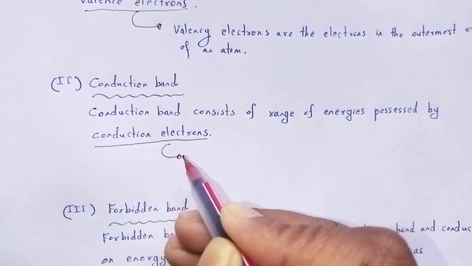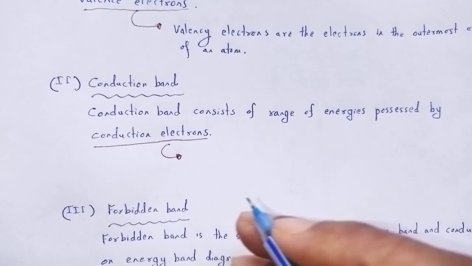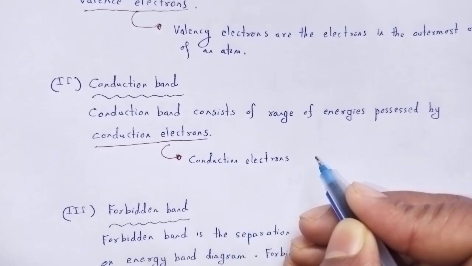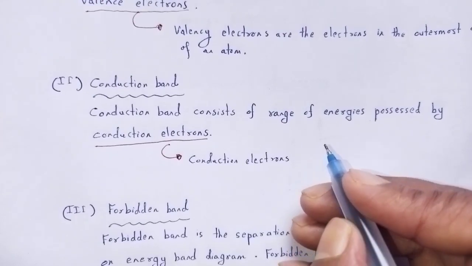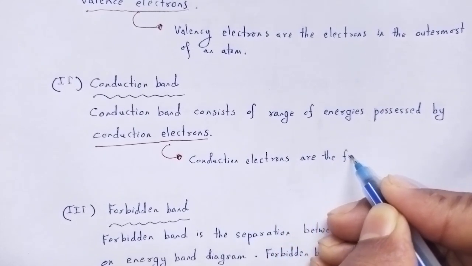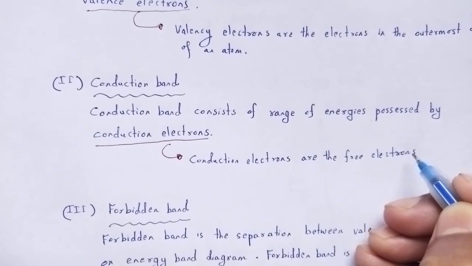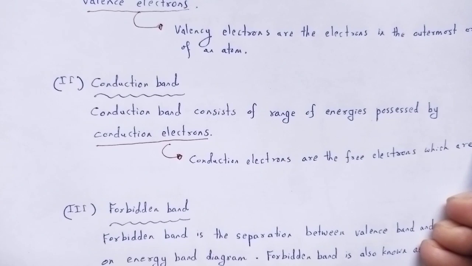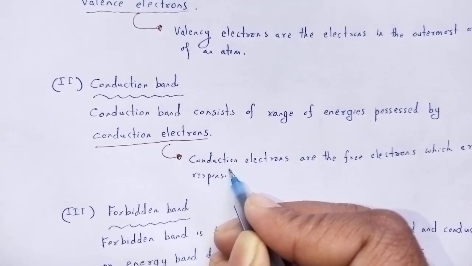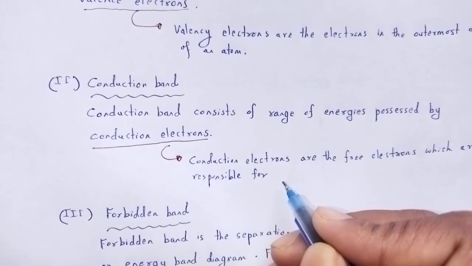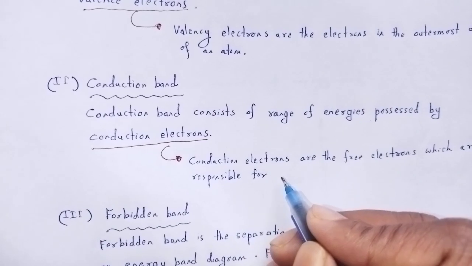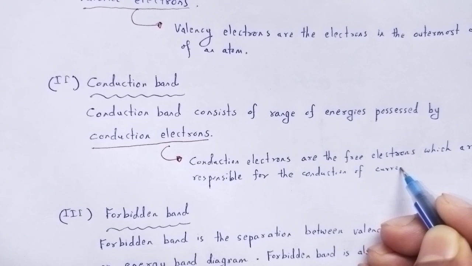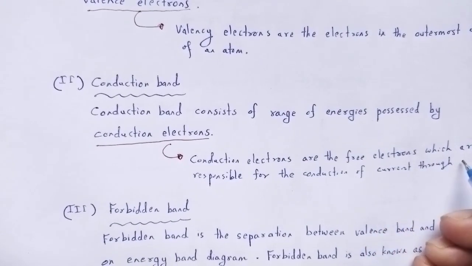So, what is conduction electrons? Conduction electrons are the free electrons, and these free electrons are responsible for the conduction of current through the conductor.